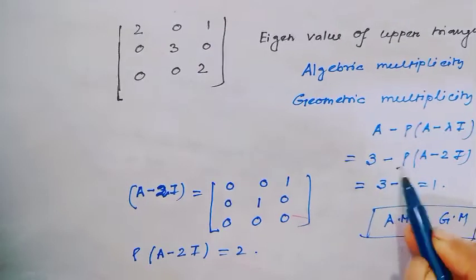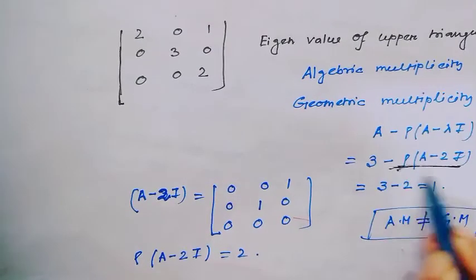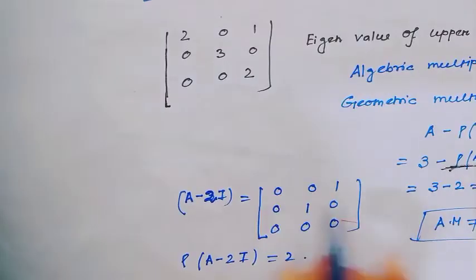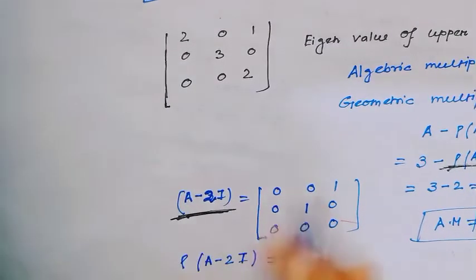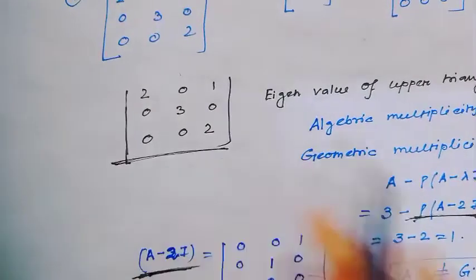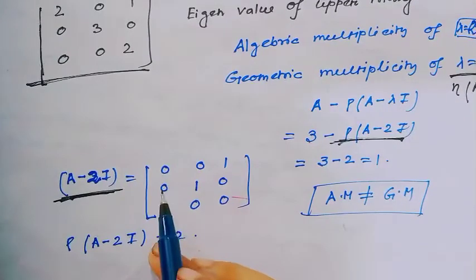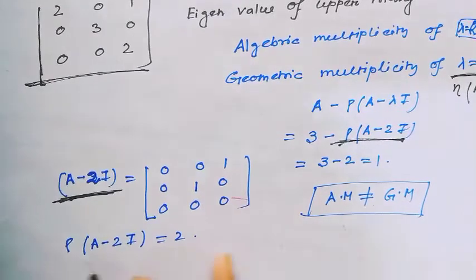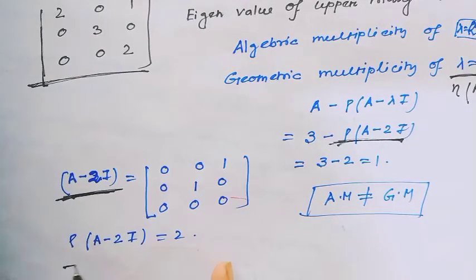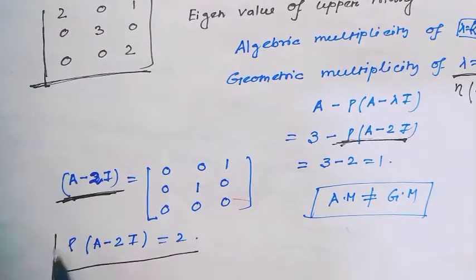Now applying A minus 2I to this matrix, it reduces to 0 0 1, 0 1 0, 0 0 0. That means the rank of A minus 2I is 2.